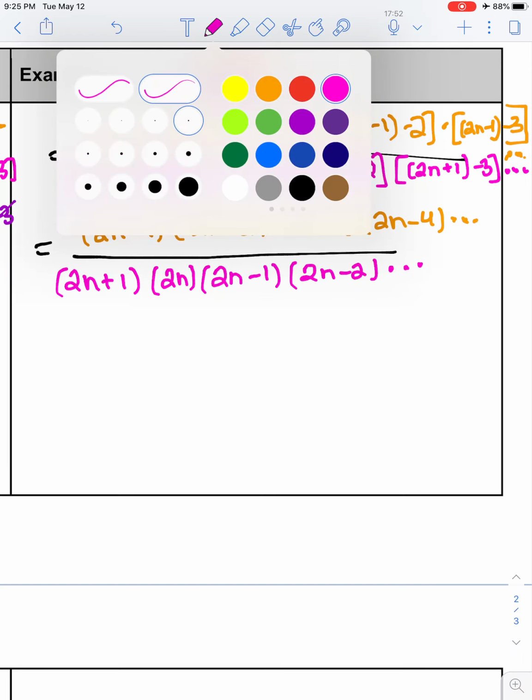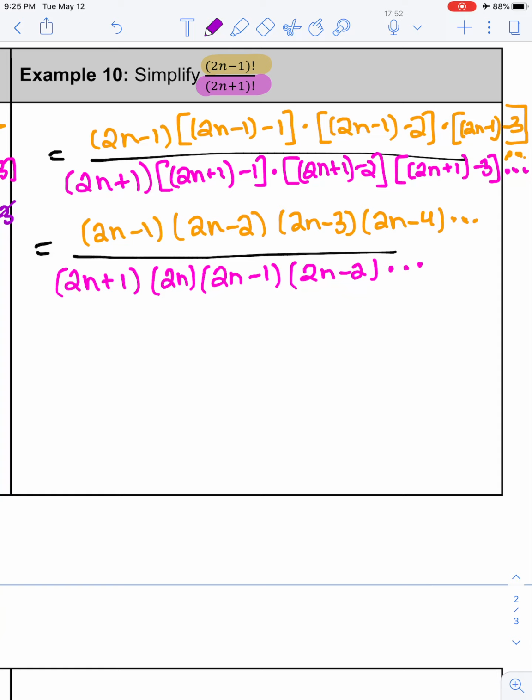Okay, so looking between my numerator and denominator, I notice that my common factor actually starts with the first factor in the numerator, right? We start with 2n minus 1 in both the numerator and denominator. So that allows us, by nature of these factorials, to cancel everything else that follows. Okay, all of those factors represented by the dot, dot, dot. Okay, so this leaves us with 1 over 2n plus 1 times 2n.